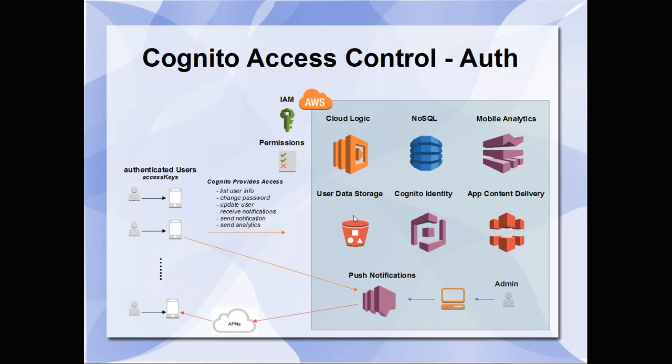Okay, so notice I opened up the Cloud Logic, because now that I'm an authenticated user, I could actually call my Node.js applications, and my Node.js applications can update my NoSQL. Also, as an authenticated user, let's say a mobile user can send a notification to another mobile user when they push that notification to the Simple Notification Service that the administrator has set up.